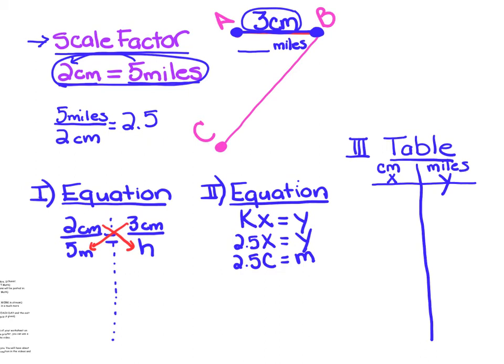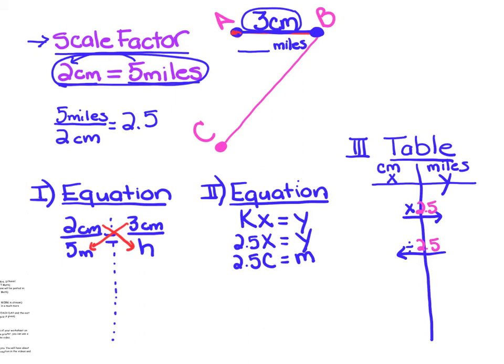If you convert from left to right, from centimeters to miles, you will multiply by our rate of 2.5. However, if you're moving from right to left and converting from miles to centimeters, you would divide by our rate of 2.5.